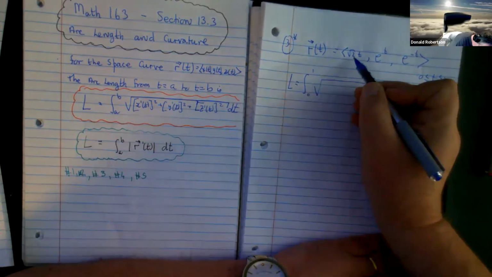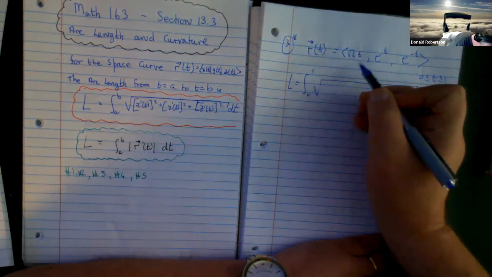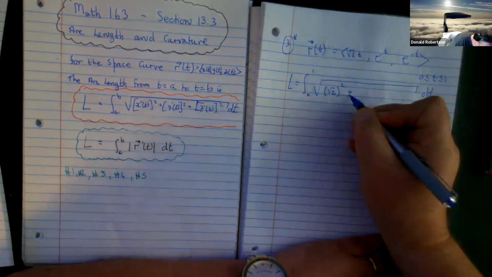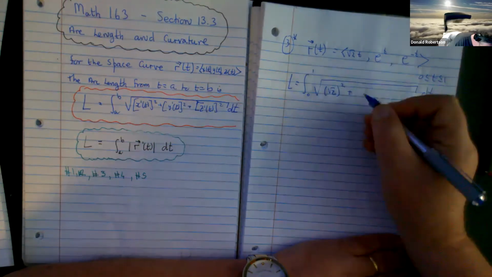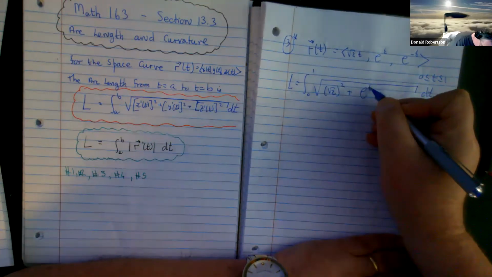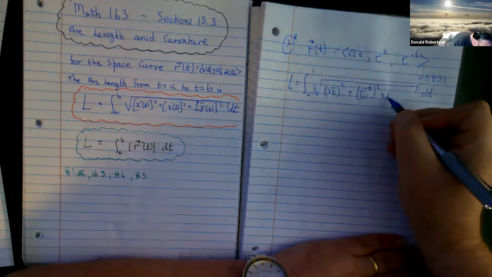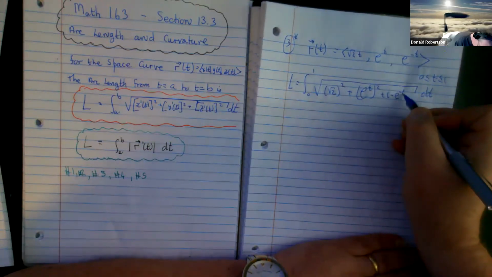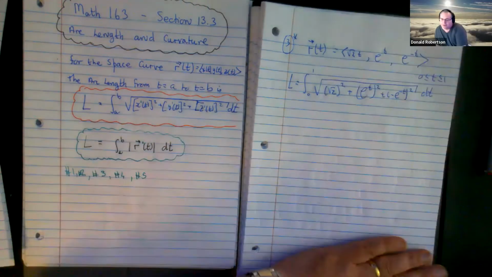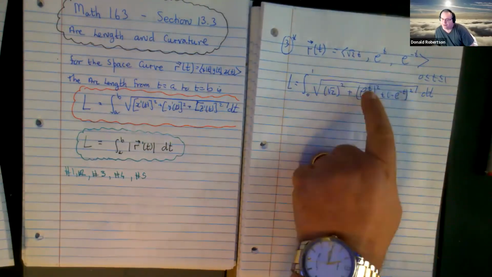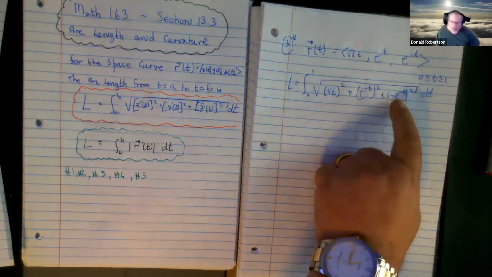Okay, if you differentiate the square root of 2t, you get the square root of 2, and then you square it. If you take this guy, you'll get e to the t, and then you square it. If you differentiate this guy, you get negative e to the negative t, and then you square it. You comfortable with those 3 guys? Derivative squared, derivative squared, derivative squared.